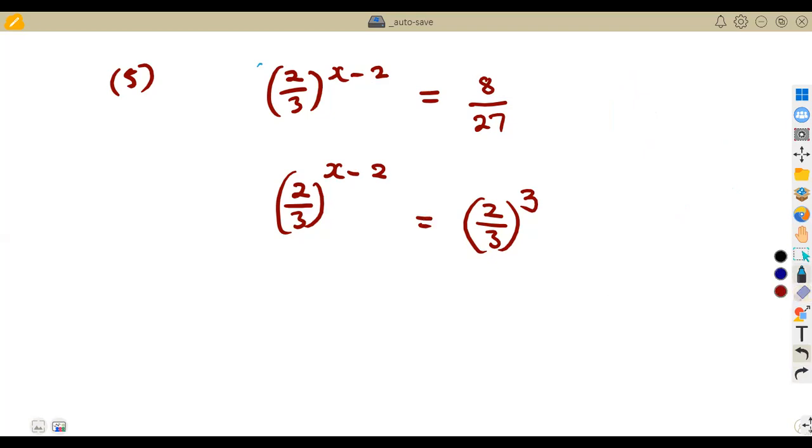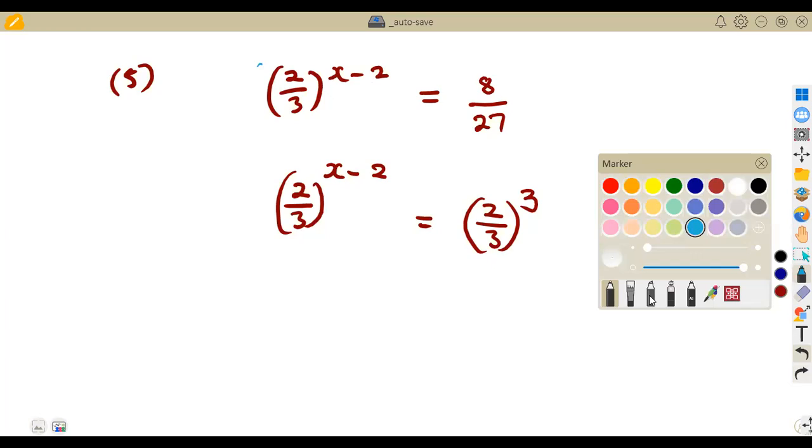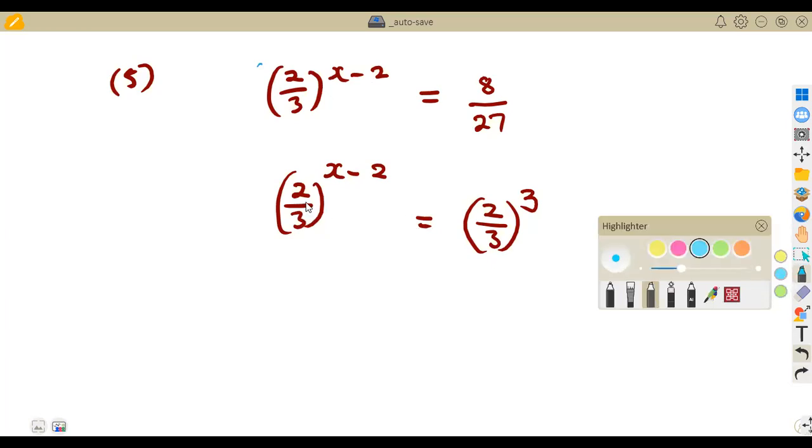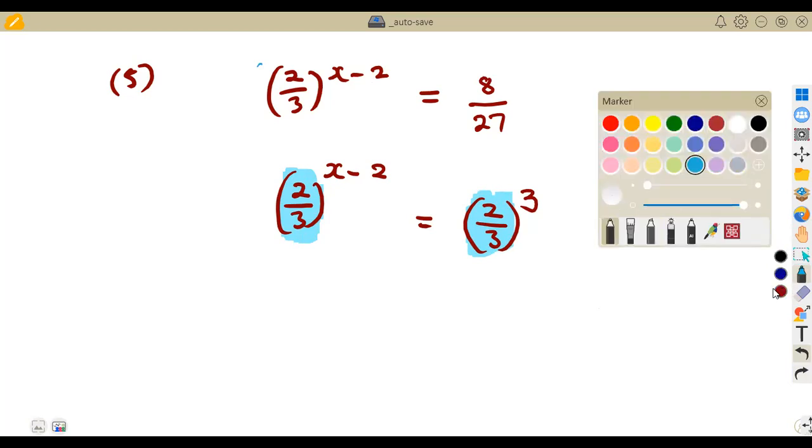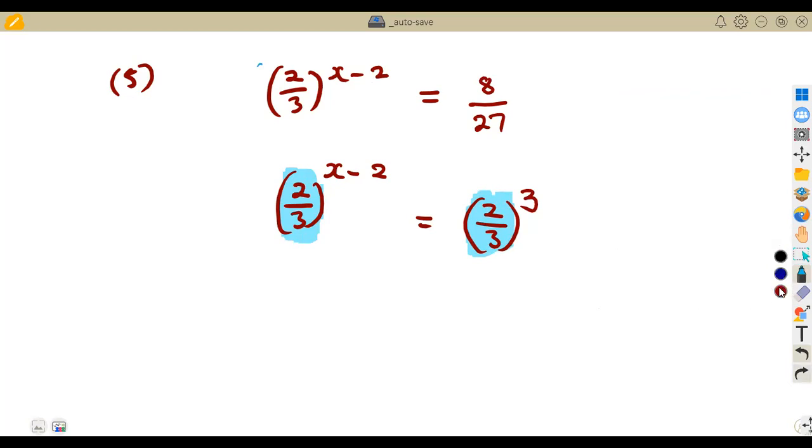So as we can see, we are back to that condition that I was saying: whether it's a fraction, whether it's a decimal, whether it's a whole number, as long as these two bases are the same, it means the exponents are also equal.